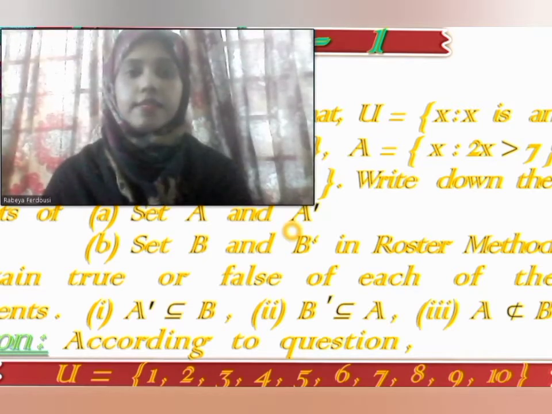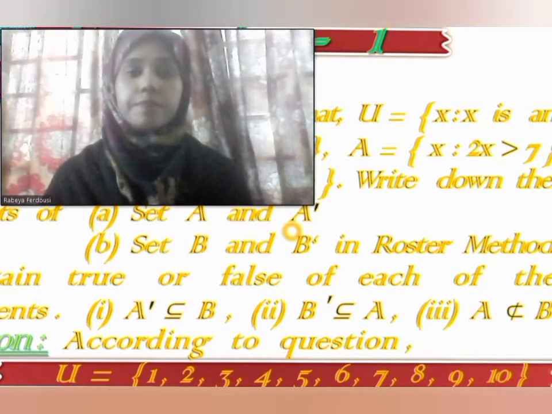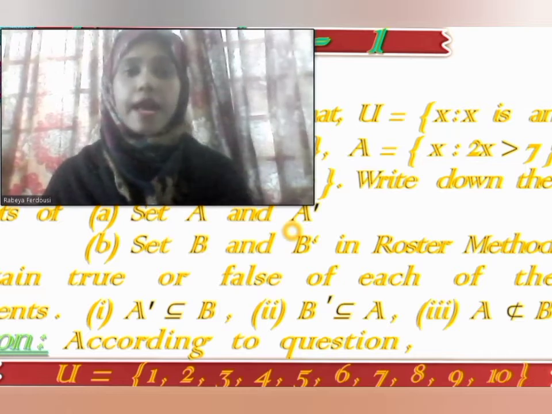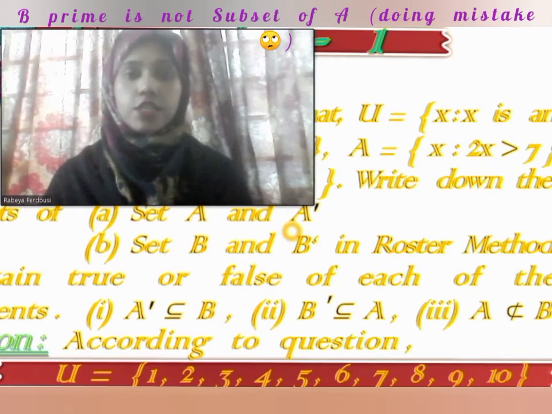First one is A prime is subset of B. Second one is B prime is subset of A, and third one is A is not subset of B.